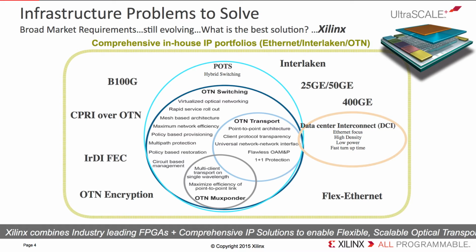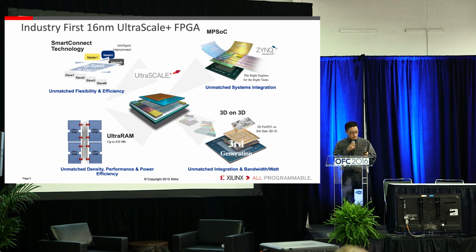All these are IPs available today from Xilinx. So by being able to marry the leading edge FPGA with the IP, this is essentially our way of trying to provide a very flexible and scalable optical transport.